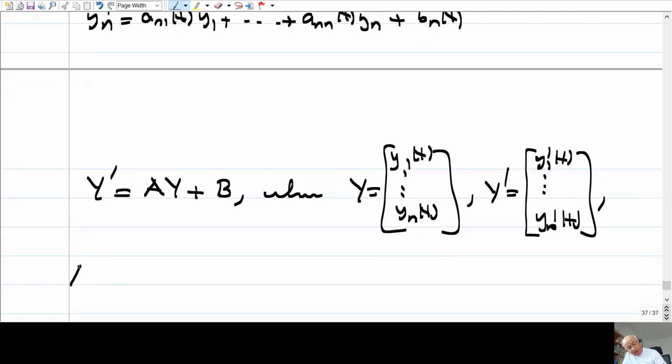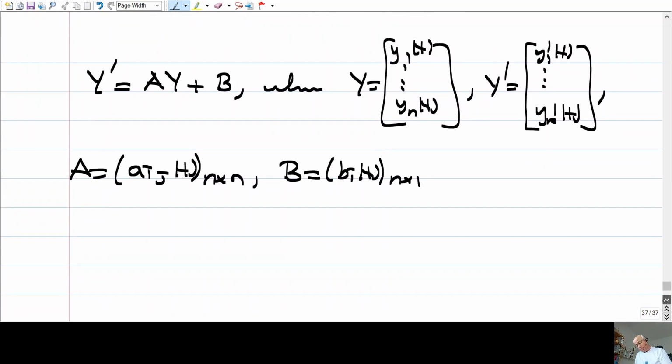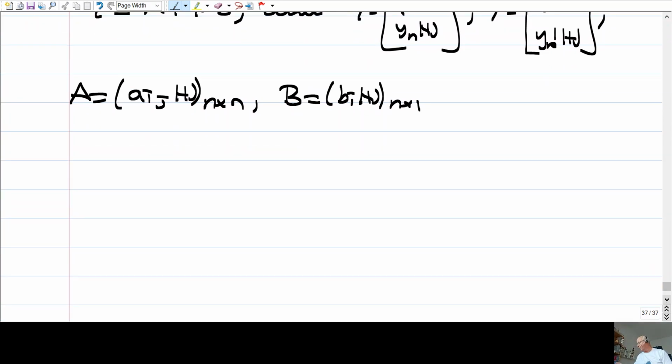A is just Aij(t), this is an n by n matrix, and B is just Bi(t), and this is an n by 1 matrix.